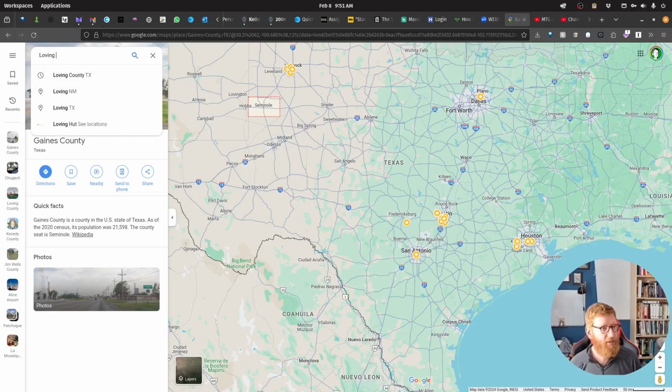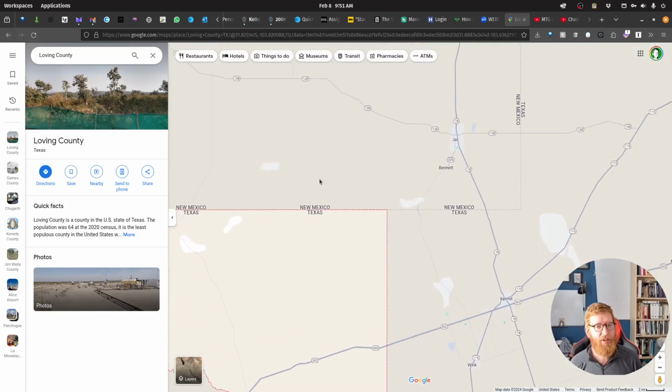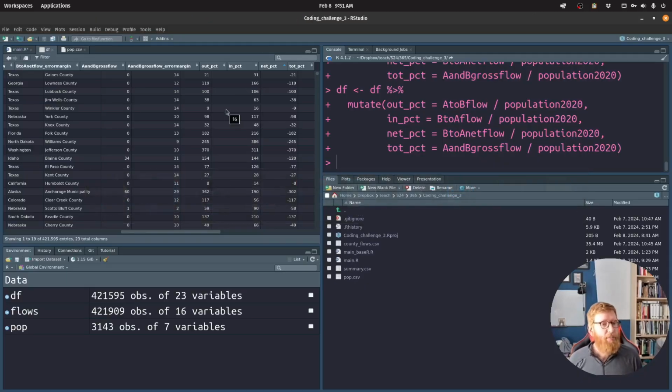Loving County is right over here. So West Texas, desert. But basically 21 people moved from here to here, or the other direction. They moved between the two. So it's, I don't know, maybe a big family, maybe a business moved and people moved with it. But I'm getting caught in the details.